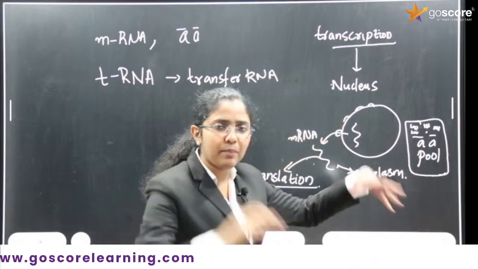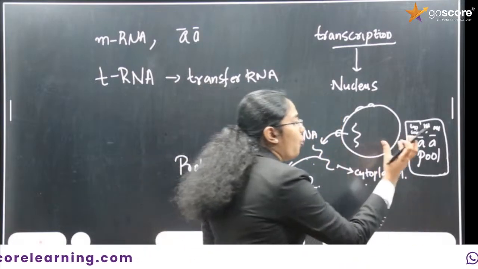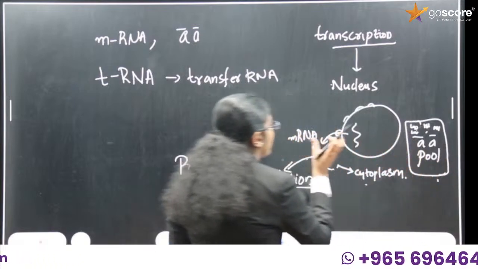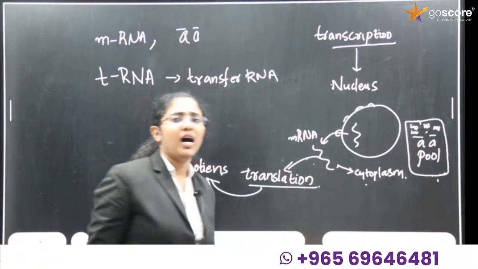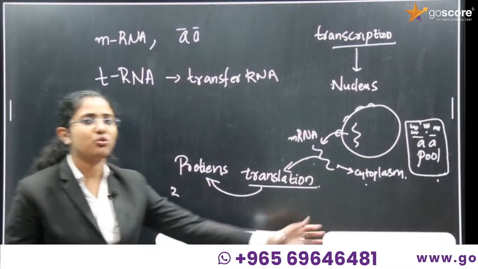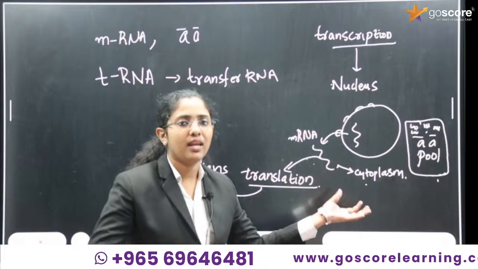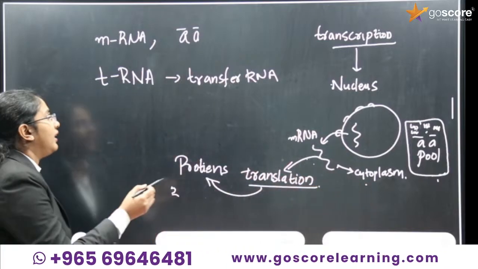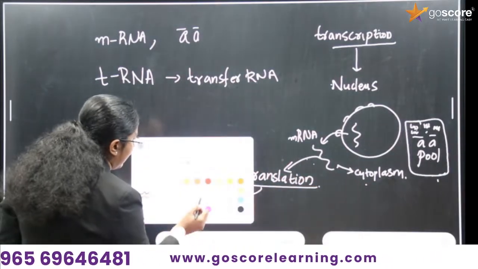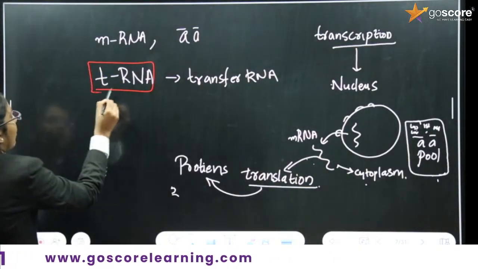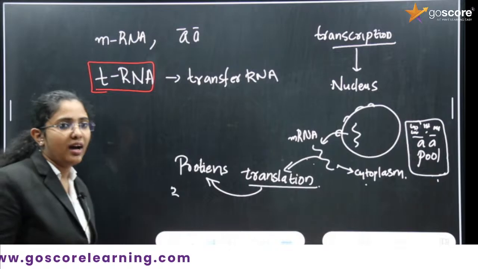These amino acids have to be taken from the pool and transported to the mRNA, so that they reach the mRNA. For that purpose, who is taking the amino acid? tRNA is taking the amino acid. We call it transfer RNA.